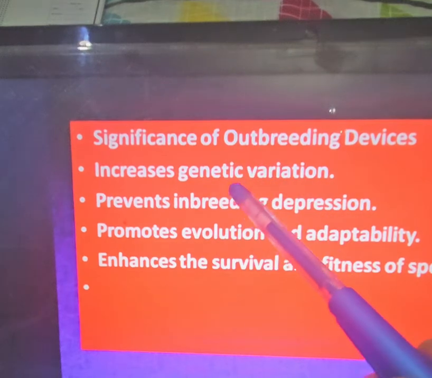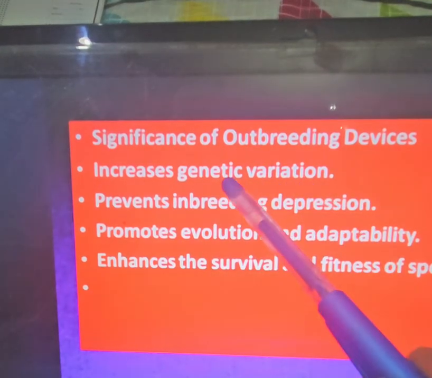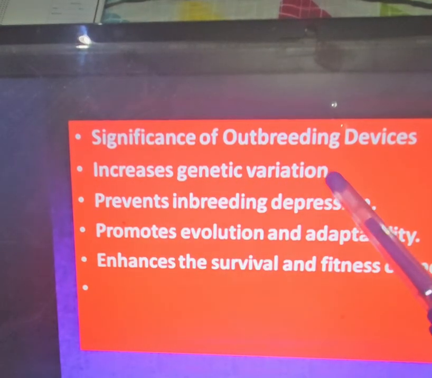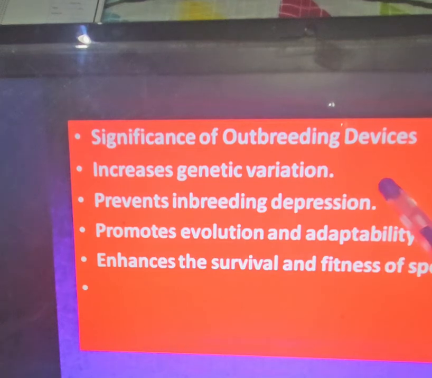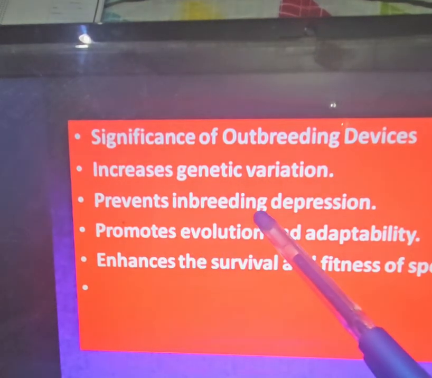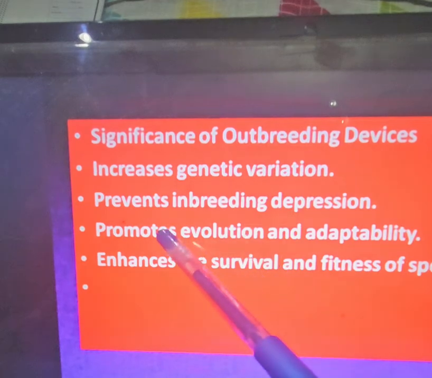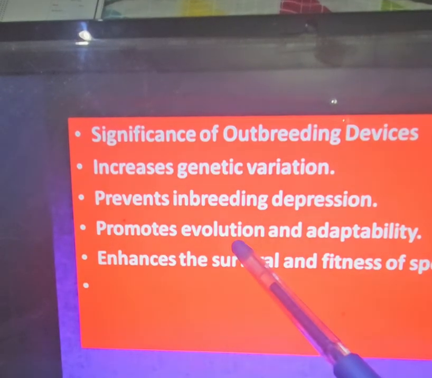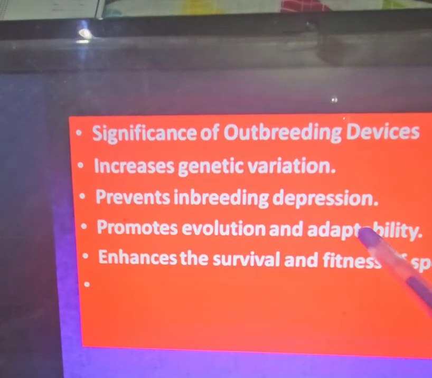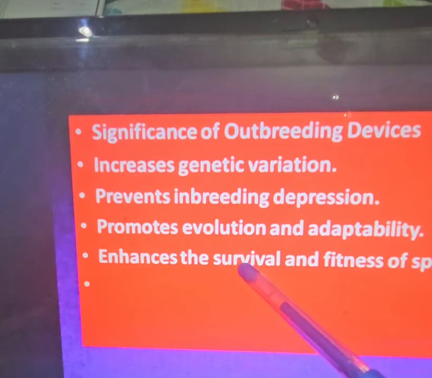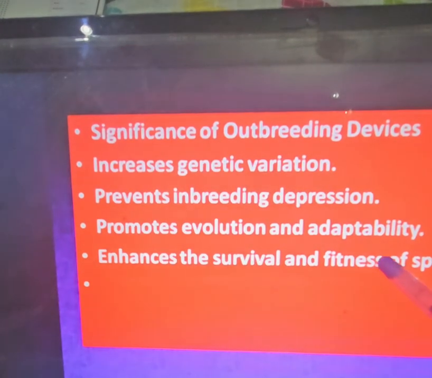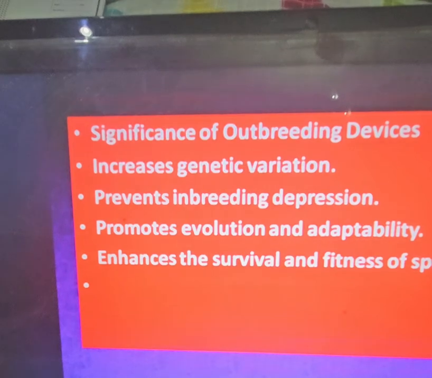It will lead to genetic variation. Two different genetic variants will combine and lead to the rise of a progeny, and it will prevent inbreeding depression. It will lead to promotion of evolution and adaptability, which in turn leads to the survival and fitness of the species.